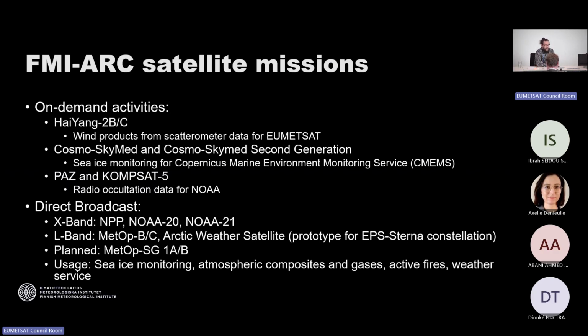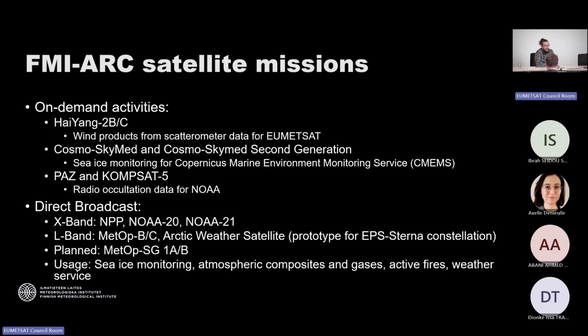Okay, and then what are we doing and what are our satellite missions? We have some on-demand activities. That means we have customers requesting us to receive data from certain satellites, so we schedule certain passes to our antennas only when requested.